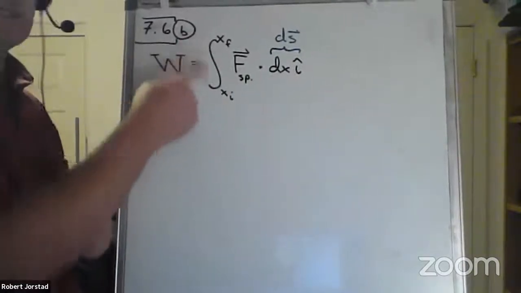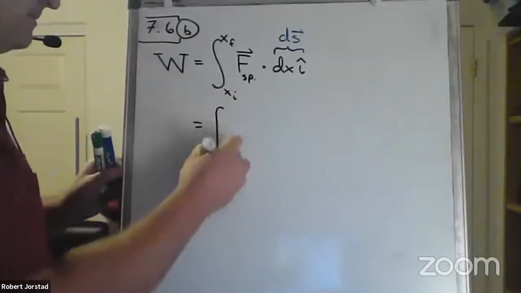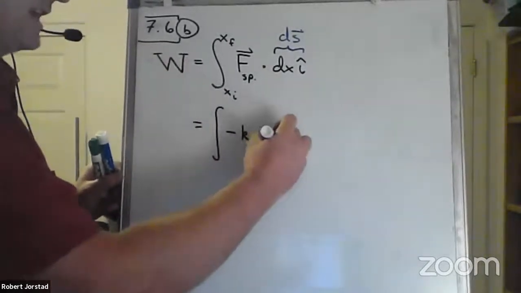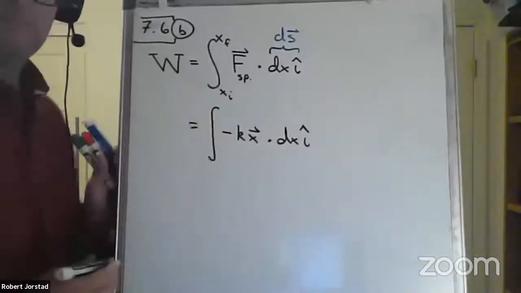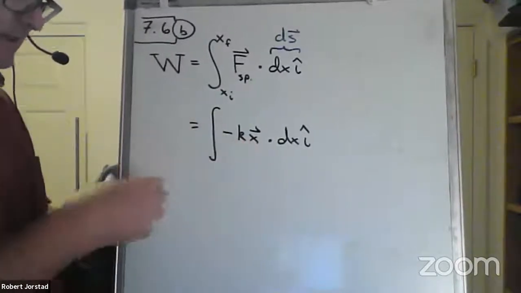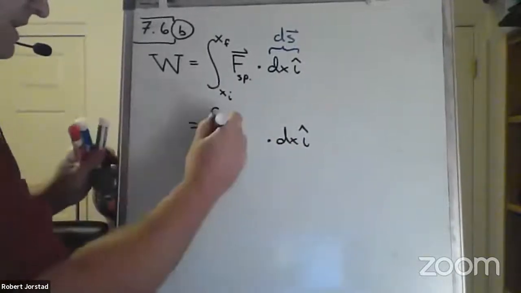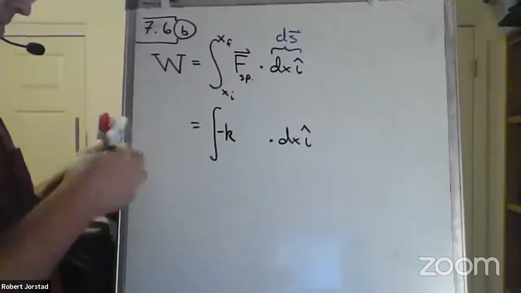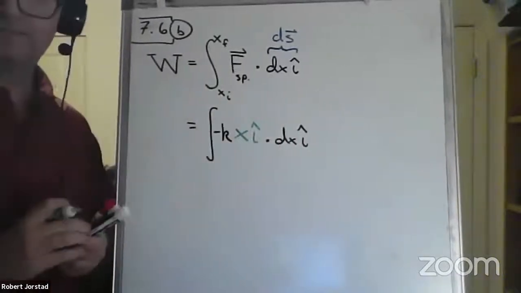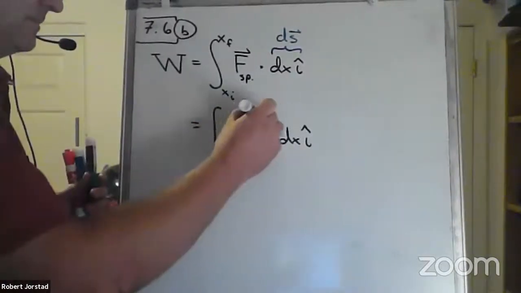Okay, and we could stick in the limits later, but for now, I'll just say initial and final. So now let's go in here. This is negative kx vector dotted with dx in the i hat. Now, I hope you agree that x vector could be rewritten as x in the i hat.